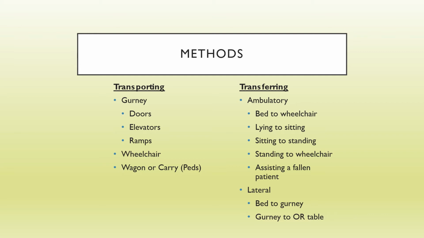For transferring, there's the ambulatory person that we may transfer from a bed to a wheelchair and back again, lying to sitting and back again, sitting to standing and back again, standing to wheelchair and back again, and then also being prepared for a fall if we are walking with someone, assisting a falling patient or lowering them to the ground safely if they are falling. And then there's that lateral transfer.